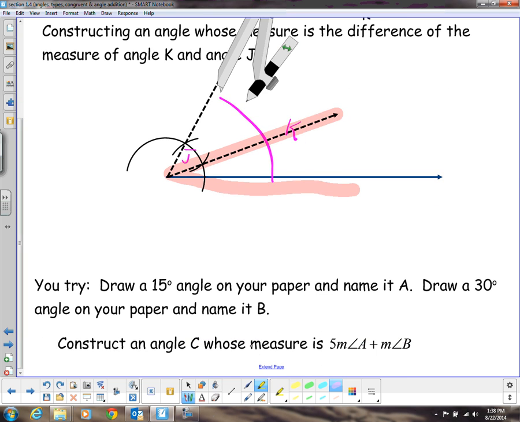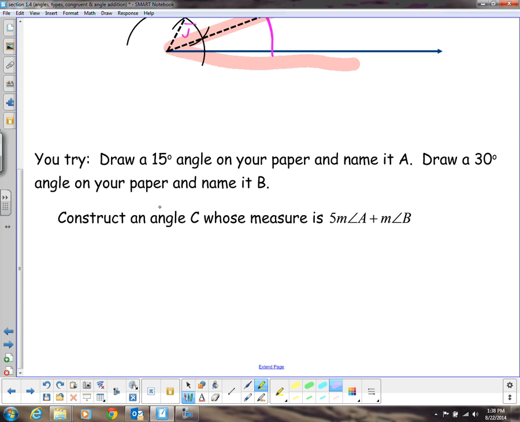There you go. So what I've asked you to do is using a protractor. This gives you practice on the protractor. You're going to draw a 15-degree angle on your paper, and let's name it angle A. Then you're going to draw a 30-degree angle on your paper, and name it B. And so now you're going to construct an angle C that's 5 times the measure of A. That means you're going to do five of these.